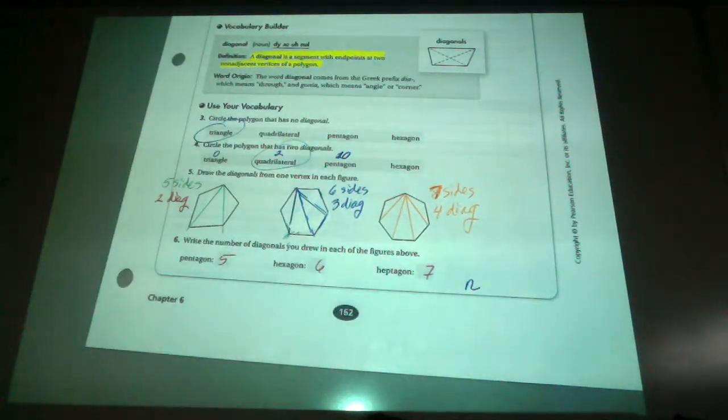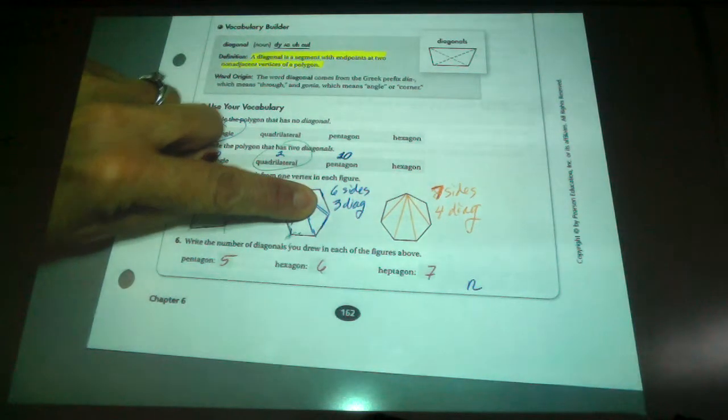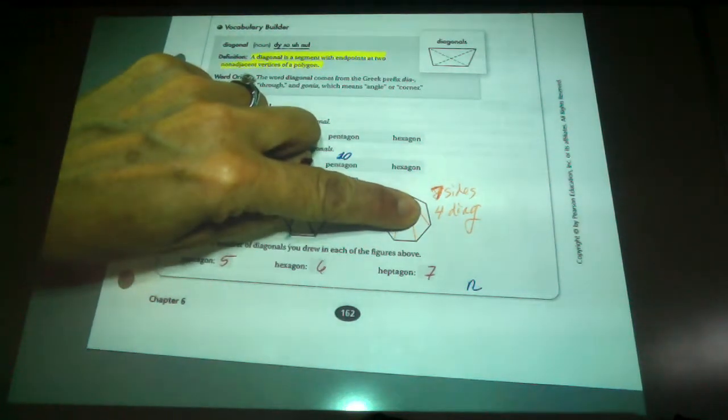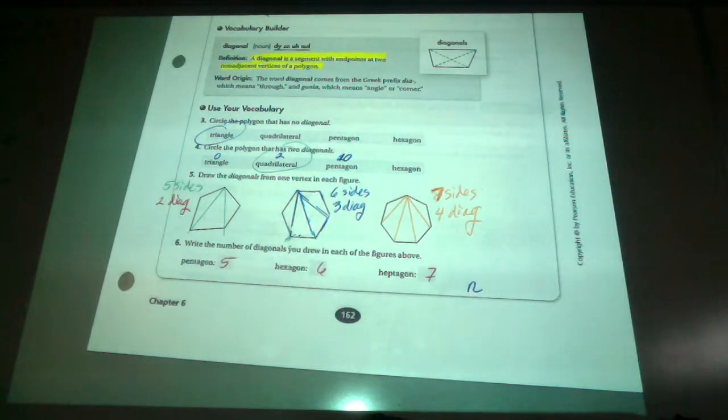Is there a common consistent difference there? What's the difference between 5 and 2? 3. 6 and 3? 3. 7 and 4? 3. So if I had a 10-sided figure, how many diagonals would there be? 10-sided would give me 7.